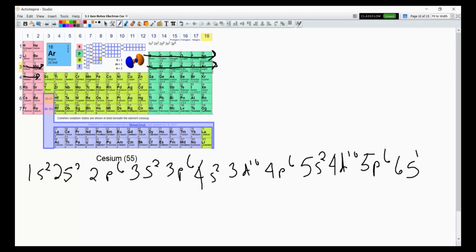Now remember, this goes down to 3d10, 3d10 right here. That's a D. And then it pops back up to 4p6, 5s2, it drops back down to 4d10, okay, 5p6, and then we get down to where cesium is, 6s1. That's cesium, okay? So if you got that, very good. We'll continue to work on that.